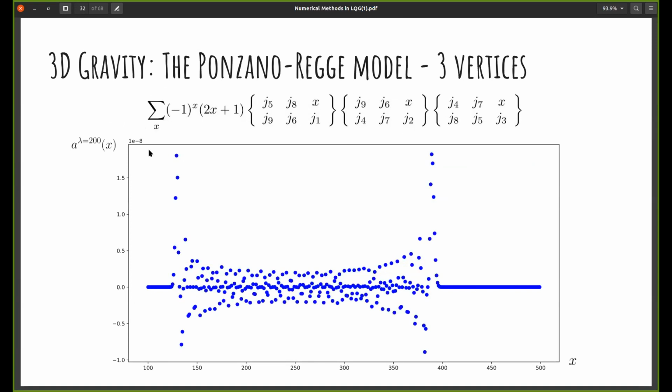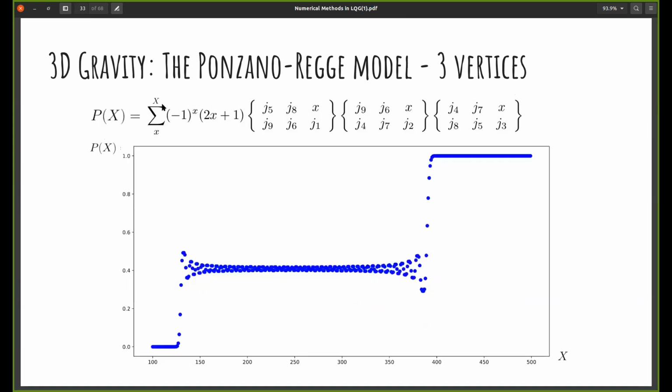So let's perform this sum. If the sum is highly oscillating, so the contributions are canceling each other, then you would get 0 until you cross one of these points that dominates this sum, and the sum jumps to a certain value.